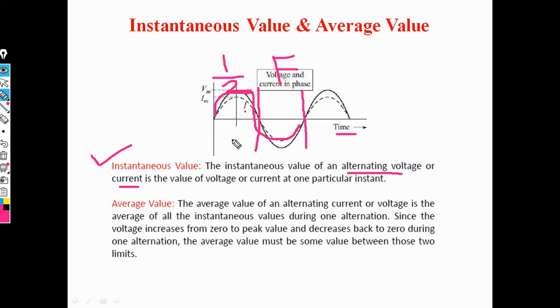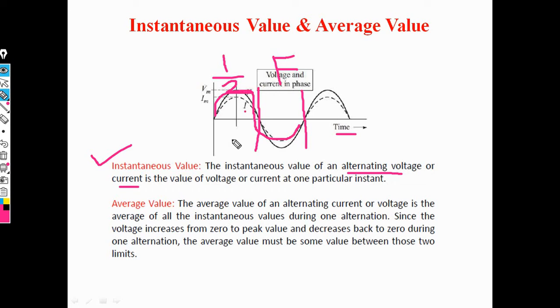Then also the average value. The next definition: the average value of the alternating current and voltage depends on all the instantaneous values during one alternation.